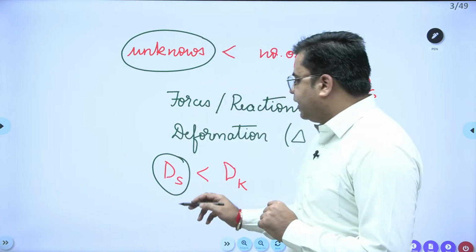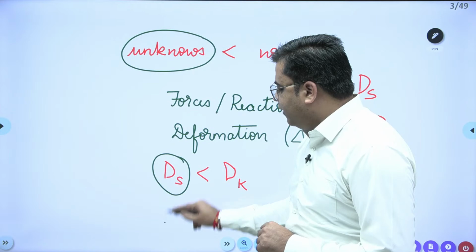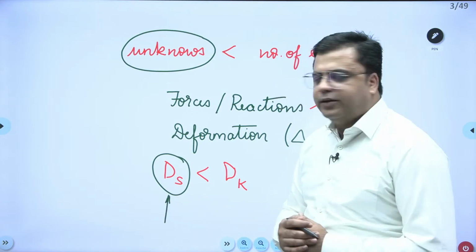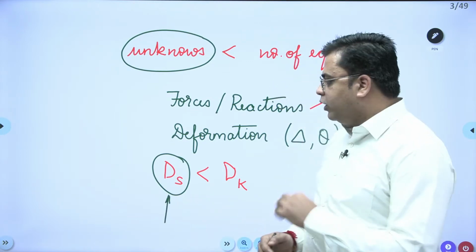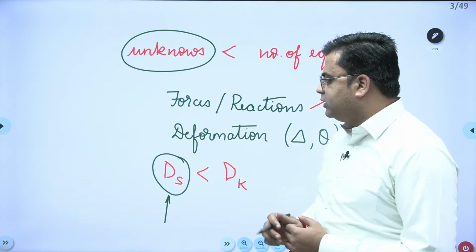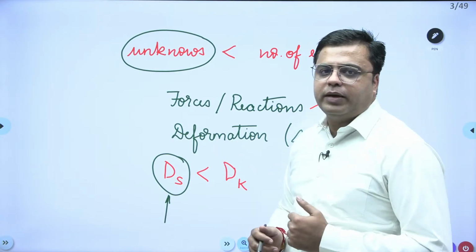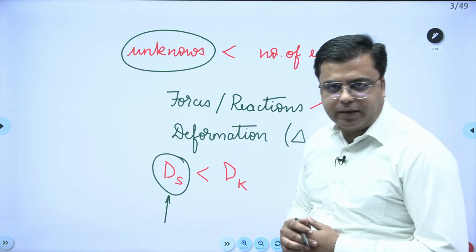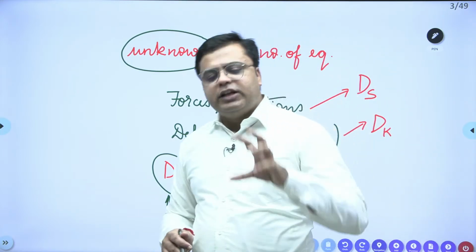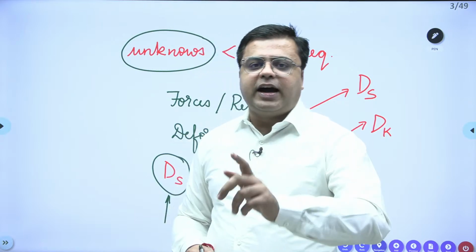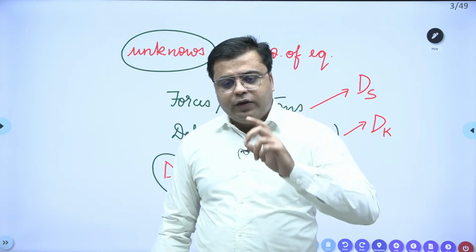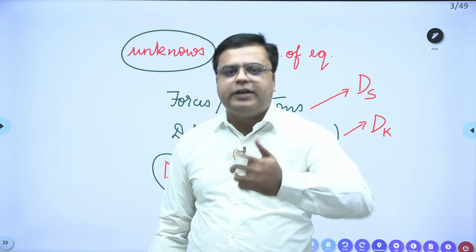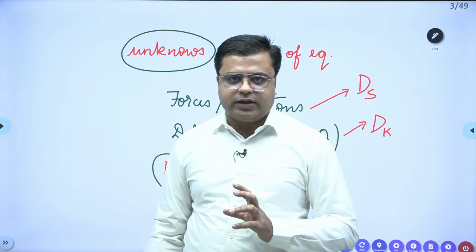So for determining the unknown forces, we have a parameter known as degree of static indeterminacy, and for determining the number of unknown deformations, we have a parameter known as degree of kinematic indeterminacy. Depending upon these two degrees, we define which method to be used to analyze the structure, right?